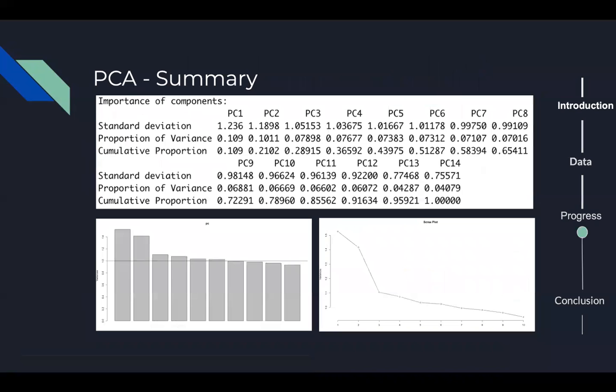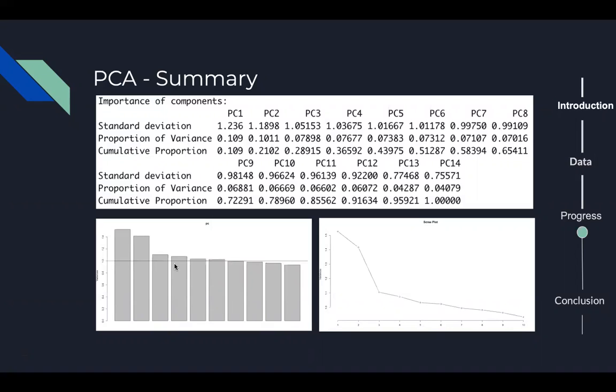So let's go through the detailed result of PCA. In my model, the result concludes a total of 14 components. Here is the problem of how many components I should choose for my future analysis. We can see the first component contains about 10% of the total variance. The second contains about 10, and 7, 7, 7. So we also see exactly the same result from the scree plot.